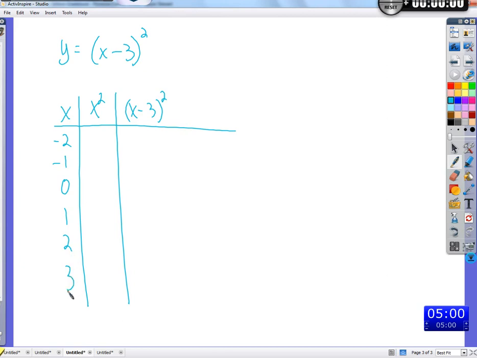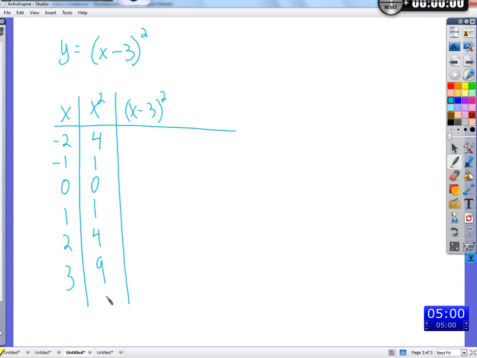Right. So when I plug -2 into this function, I just square it. I just square -2 and I get 4. Into this function right here, when I plug in -1, I just square it and I get 1. 0 squared is 0. 1 squared, 2 squared, 3 squared. Take a look at this function. We're not changing the outputs, right? We're not taking something and squaring it and then doing something to it.